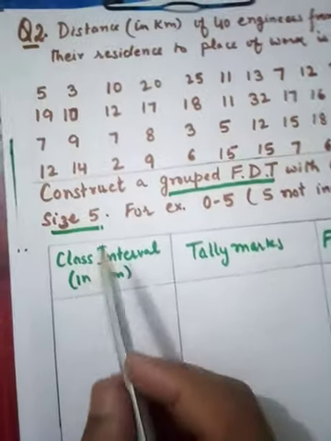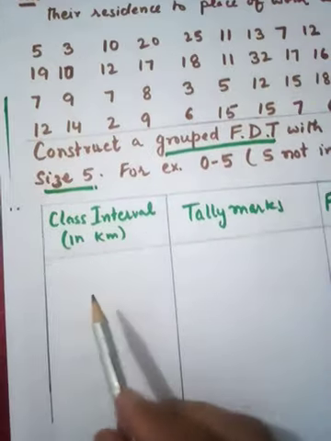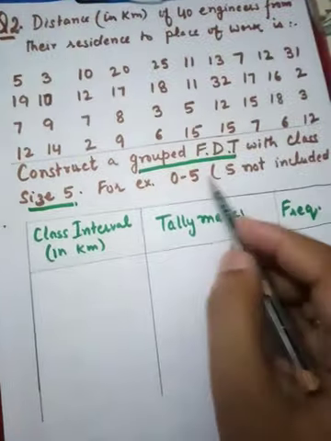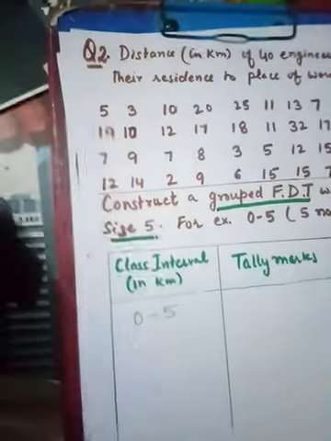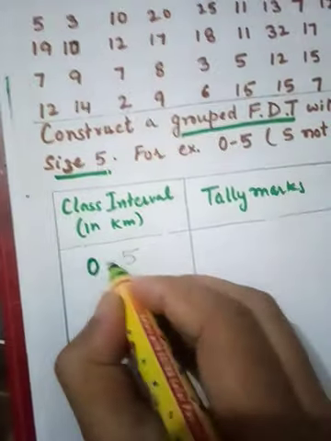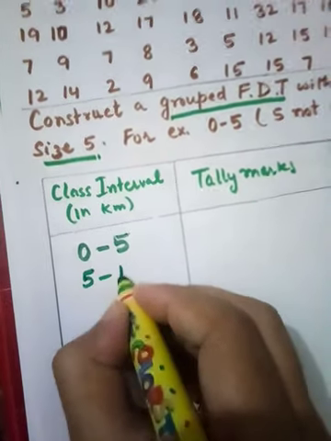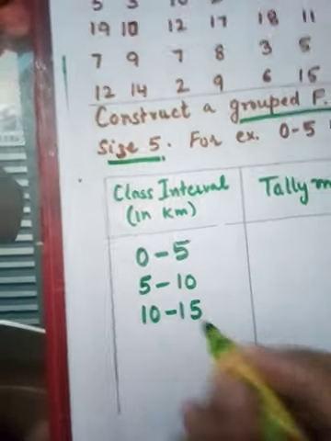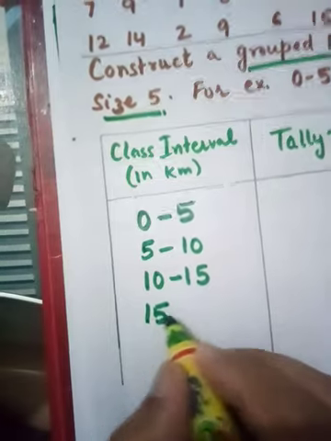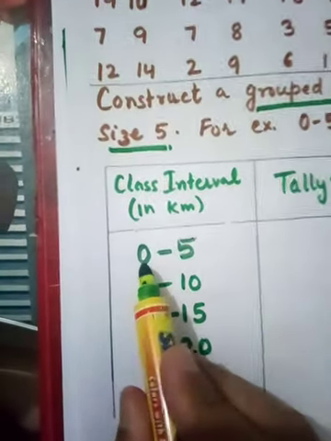Now the next, how are you going to consider? In the class interval, you have to take 0 to 5. So our first interval is 0 to 5. Let's write it properly with the marker. 0 to 5, then 5 to 10, next 10 to 15, next 15 to 20. Students, you have to be very careful.